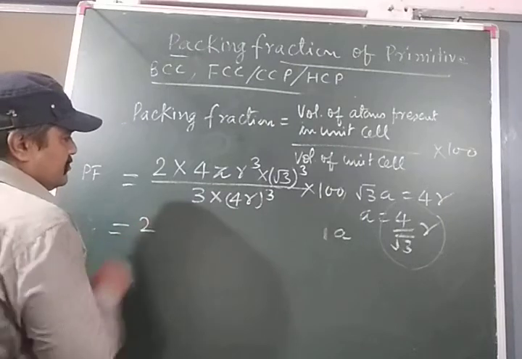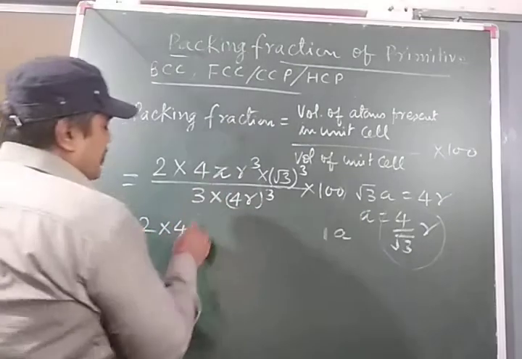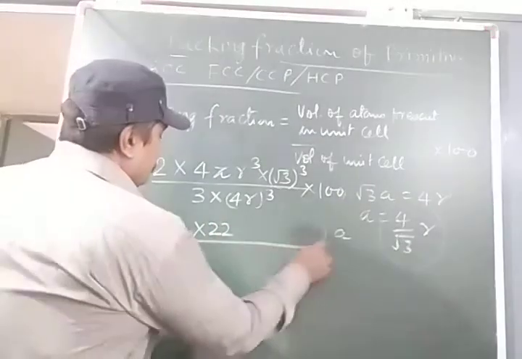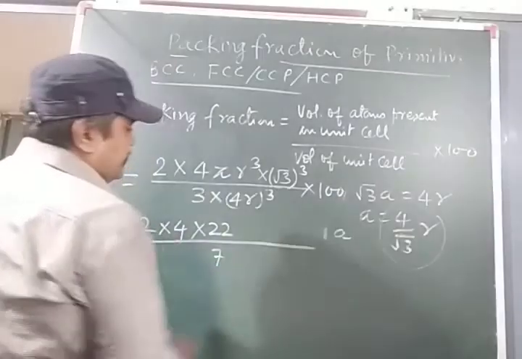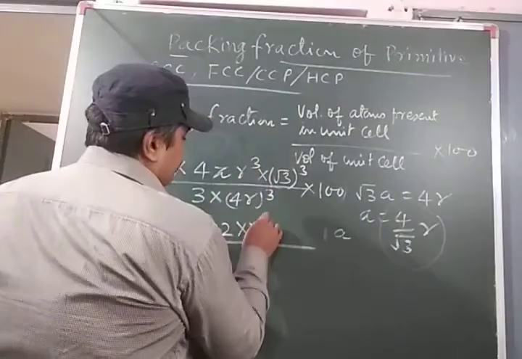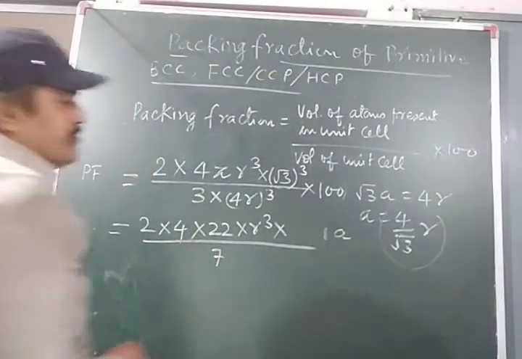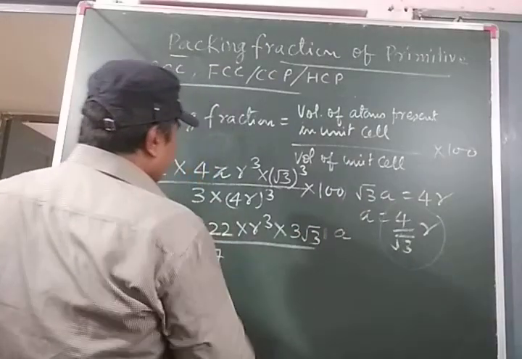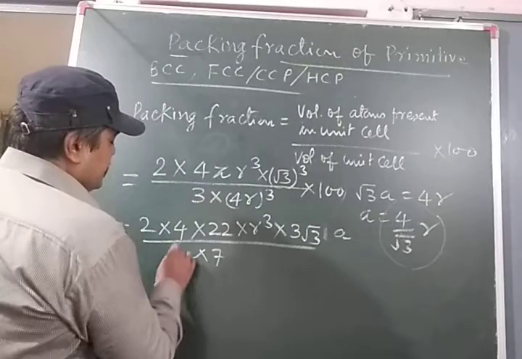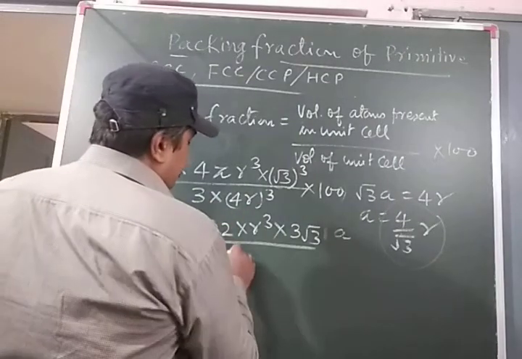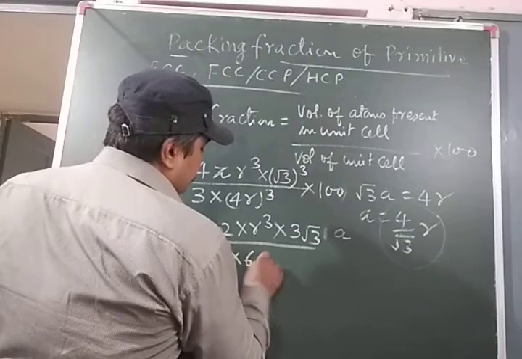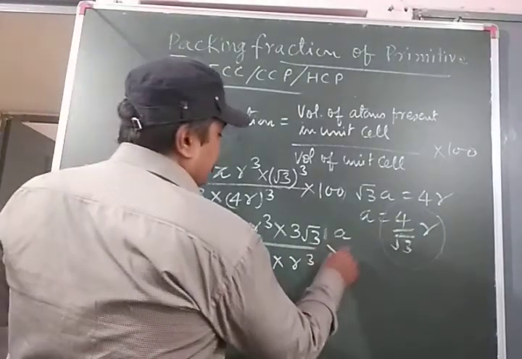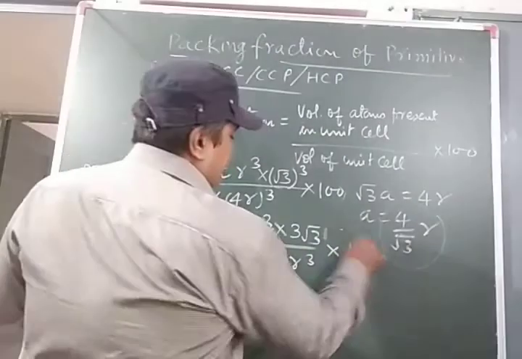On solving, 2 into 4 and I am also putting the value of pi, 22/7, this r cube and this √3 into √3 into √3, that is 3√3. Okay, and in denominator this 3 is here and this 4r cube means 4 into 4 into 4, that is 64 r cube multiplied by 100. Clear?